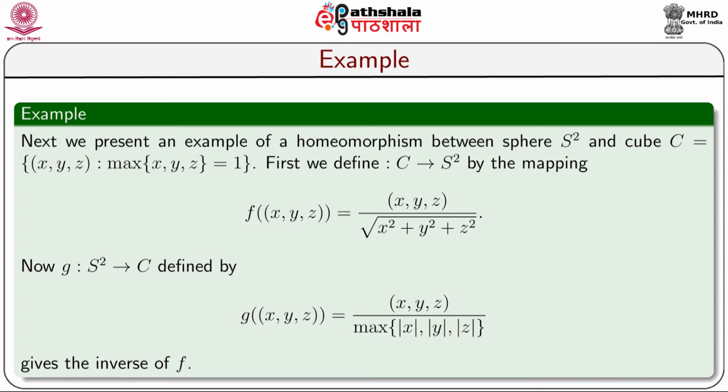Now, its continuous inverse is given by g, where g(x, y, z) = (x, y, z) divided by max(|x|, |y|, |z|). So, this gives the inverse of f, hence f is a homeomorphism, that means the unit cube and the unit sphere, these two are homeomorphic.